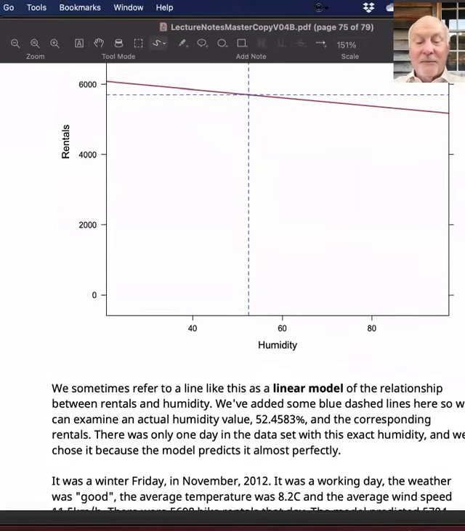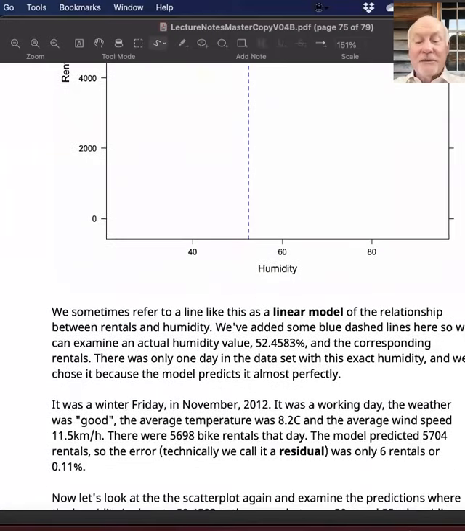I've chosen this particular day. This was a day in November 2012, and it was a working day. It was a Friday. The weather was good. The average temperature was 8.2 degrees Celsius, and the wind speed was 11.5, which is pretty calm. And there were 5,698 bike rentals that day.